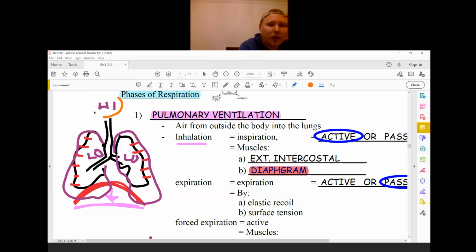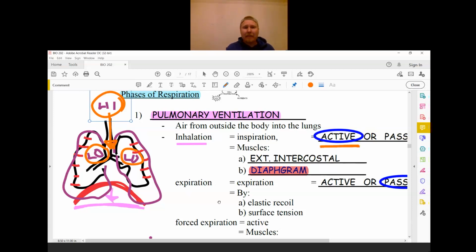So air is going to move from the areas of high to the areas of low. So air is going to flow in as we do this inhalation, making the lungs bigger by recruiting our external intercostals and diaphragm. That's why it is going to be an active process.